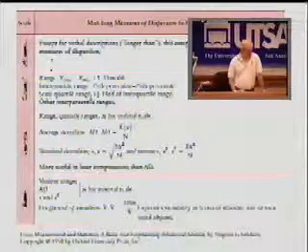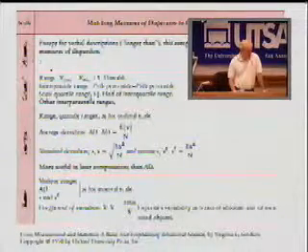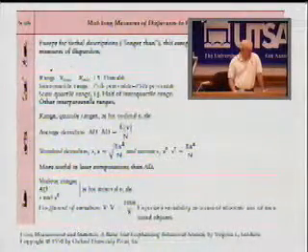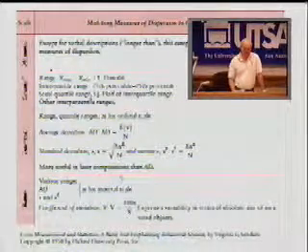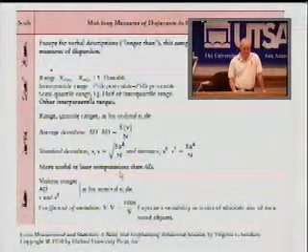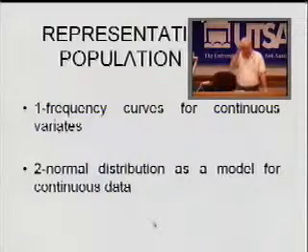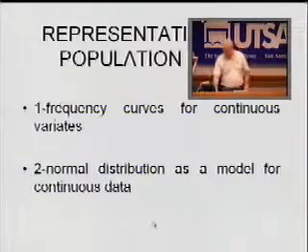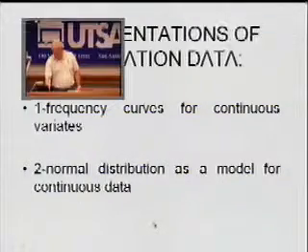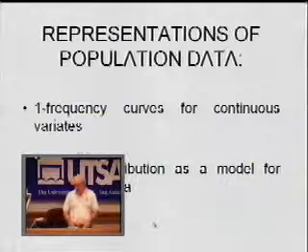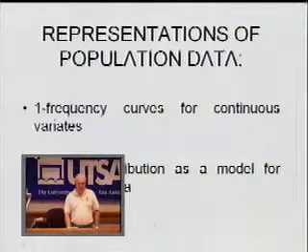So it's important to understand the type of data you're collecting and the approach to evaluating measures of central tendency as well as dispersion around that central tendency. Then, of course, we have to think about the presentations of the population data. So there are frequency curves for the continuous variates.